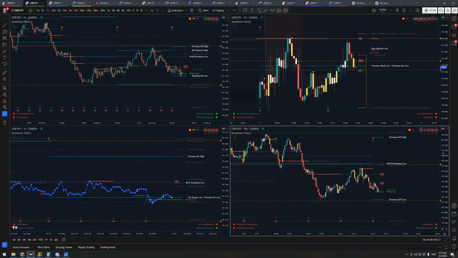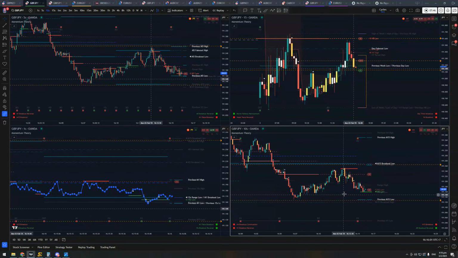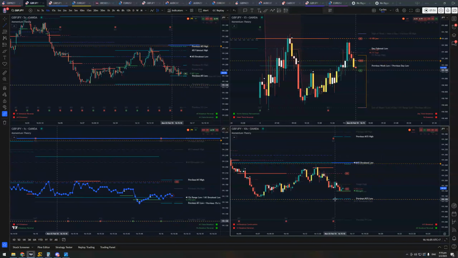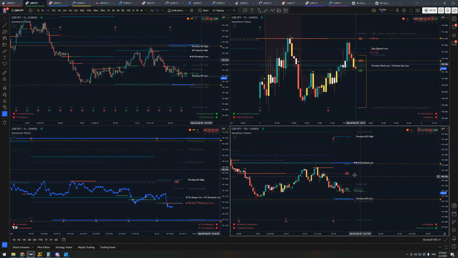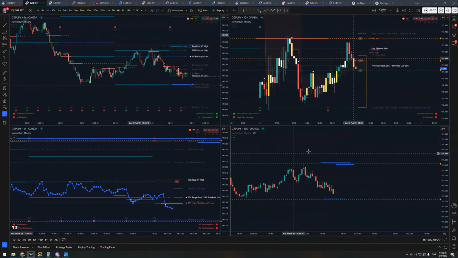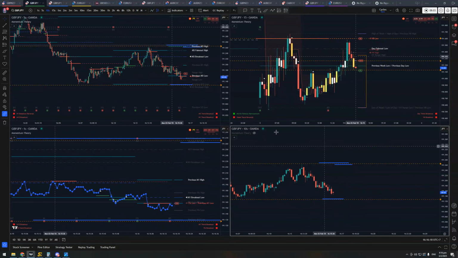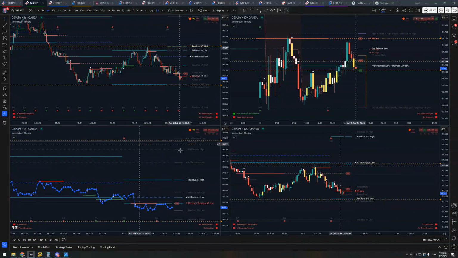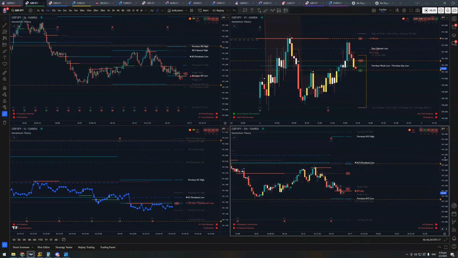I've said many times before, when I'm trading, I don't look at anything else but breakout levels and peak levels. So the M15 low and the M5 high. I don't care about anything else but that and closing price.